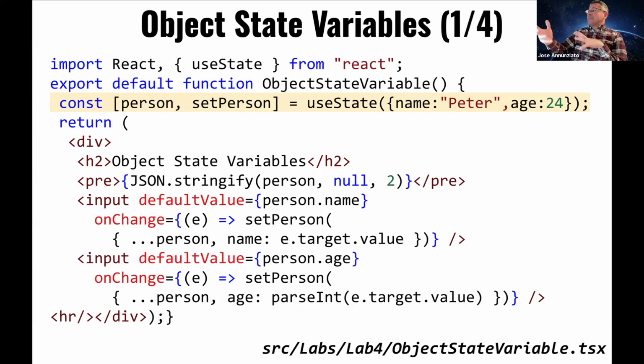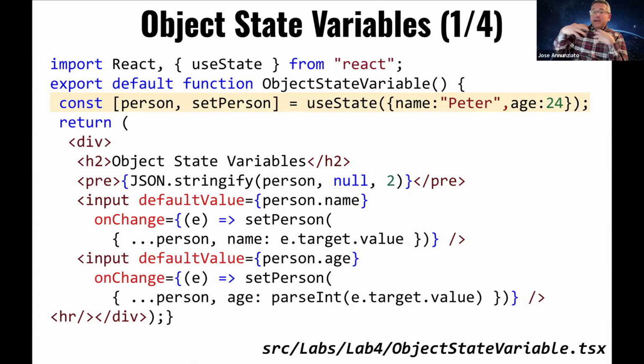Here's an example of dealing with something a little more involved, right? An object state variable. So we already saw an example of that in the date. The date is already an object instance that has predefined properties of month, day, year, minutes, seconds, milliseconds, blah, blah, blah, right?